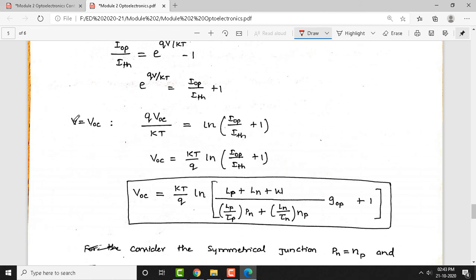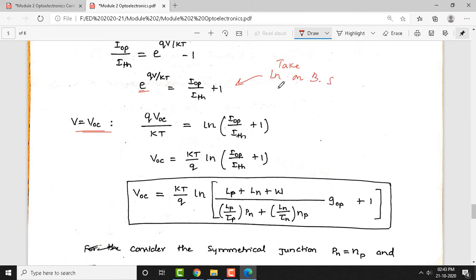Now, we know that the applied voltage is nothing but the open circuit voltage. Instead of V, we can substitute V_OC here. What will happen to this equation once you substitute? And also you have to take the natural logarithm on both sides, to eliminate this e term. In this step you should take ln on both sides.